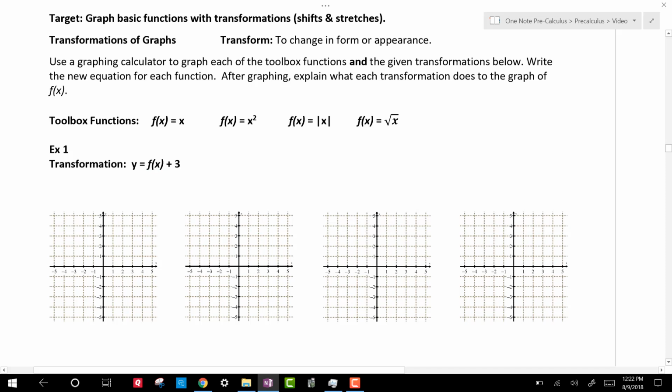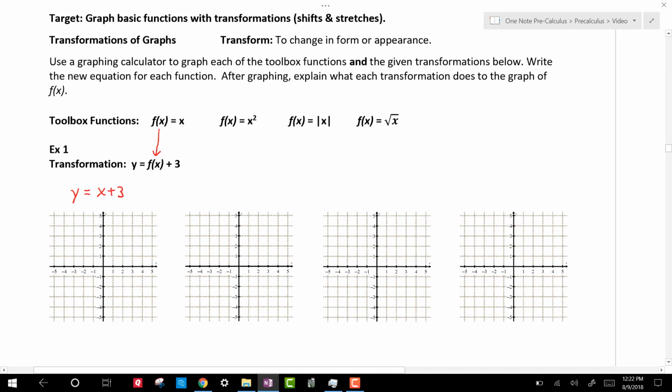So we started off with f of x equals x, and basically what we're saying is take that function right there, take x, and add 3. That's all it's saying. So you can rewrite this as y equals, or you can write it as f of x equals. It really doesn't matter. I'll probably change back and forth. So I'm going to write this one as y equals x plus 3.